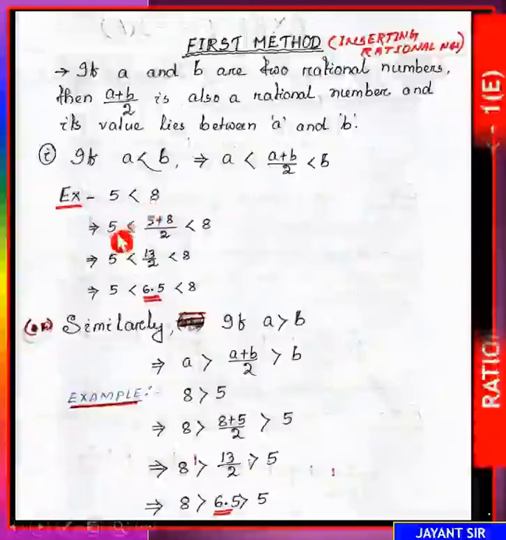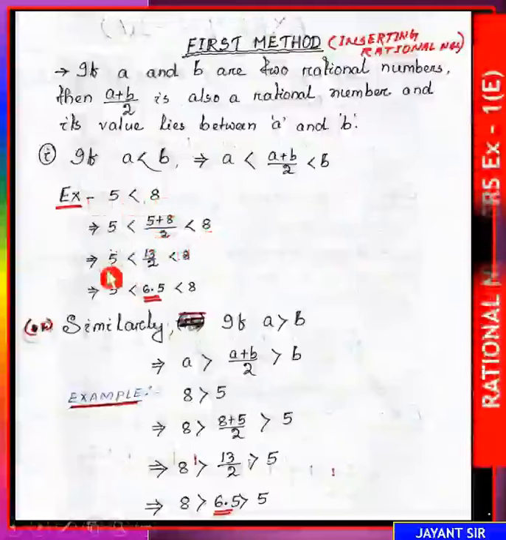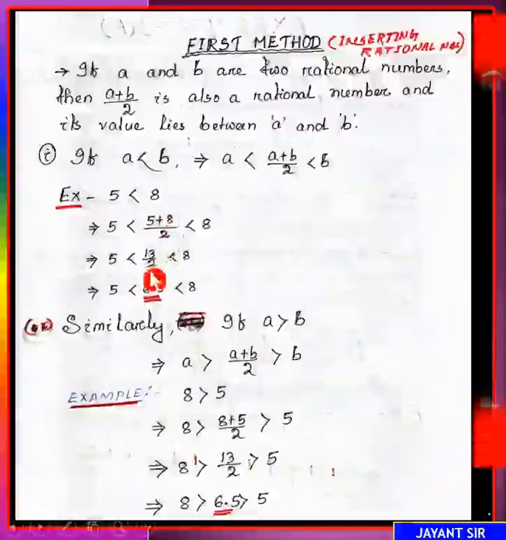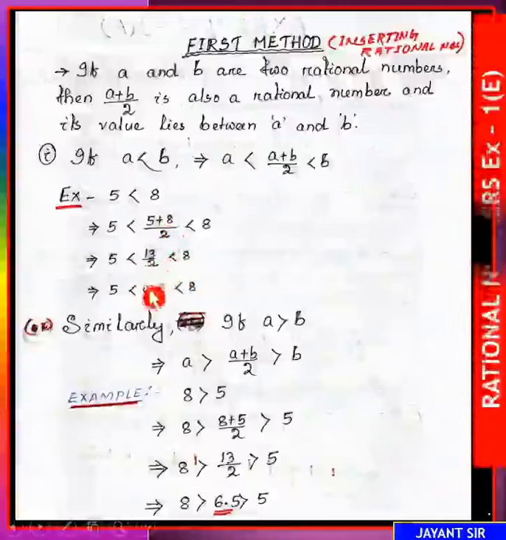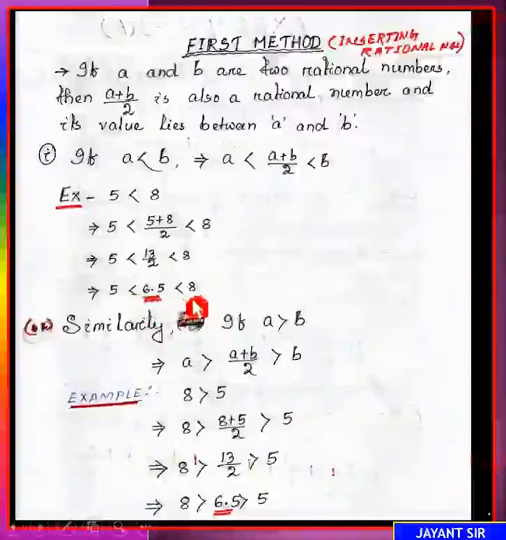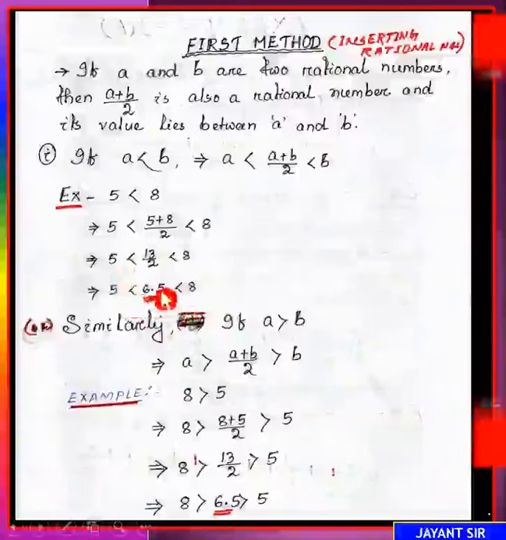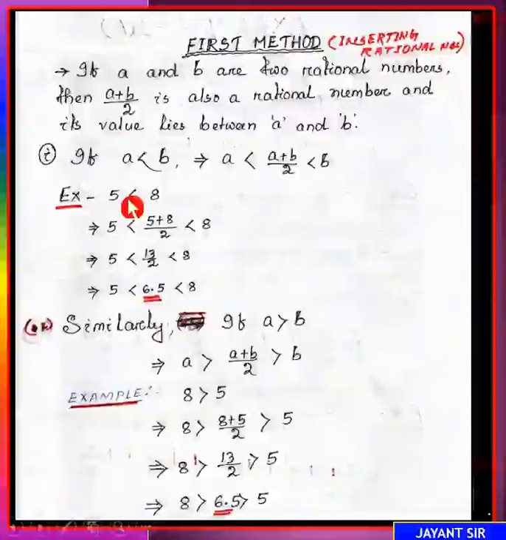We can write 5 less than 5 plus 8 by 2 less than 8. 5 plus 8 equals 13, so 13 by 2 less than 8. Dividing 13 by 2 gives 6.5. So 5 less than 6.5 less than 8. Which number lies between 5 and 8? That is 6.5.